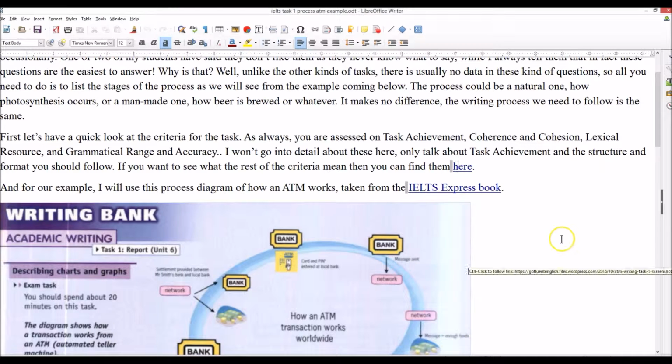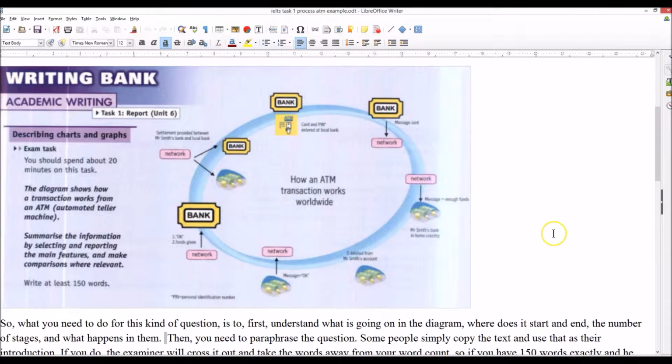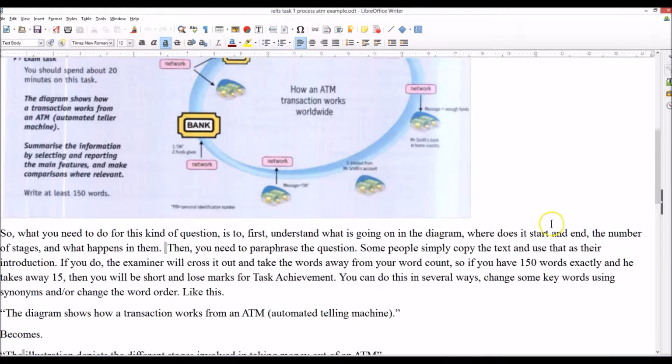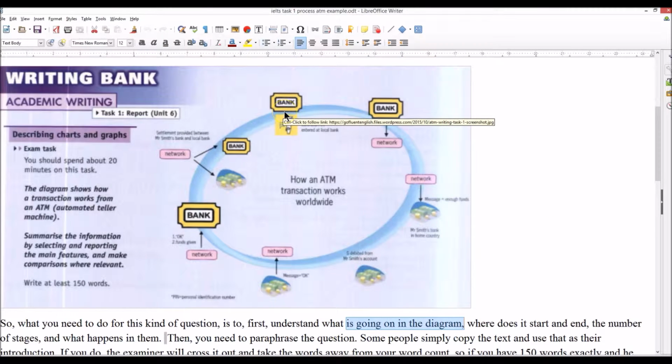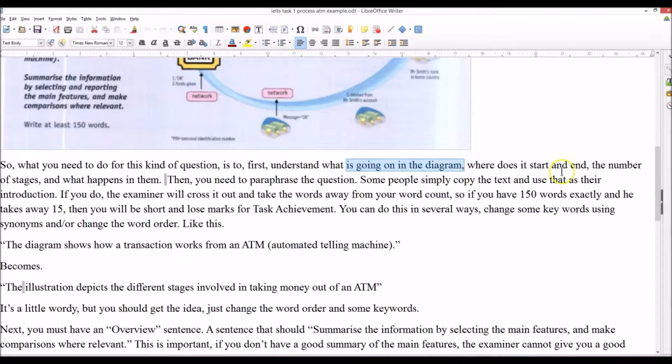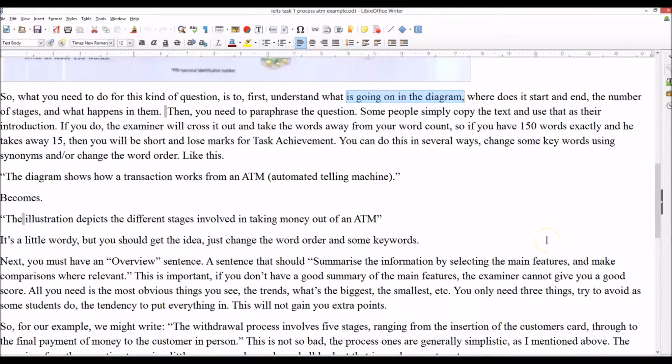So we'll take a look at this then. So what do you need to do first? Well, first you need to understand what is going on. Where does it start? What's the start point? Where's the end point? Count the stages. What happens in it exactly? So this is basically the planning stage.